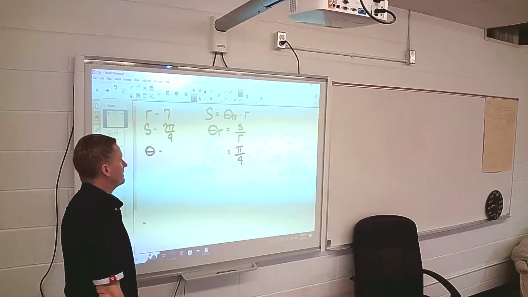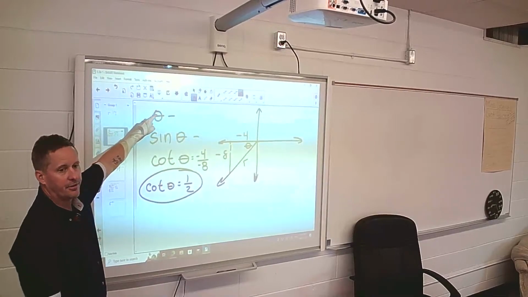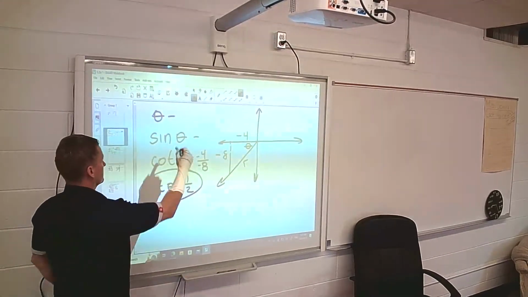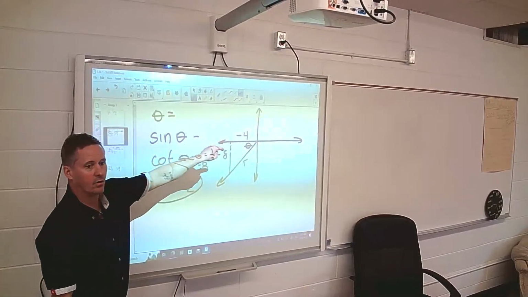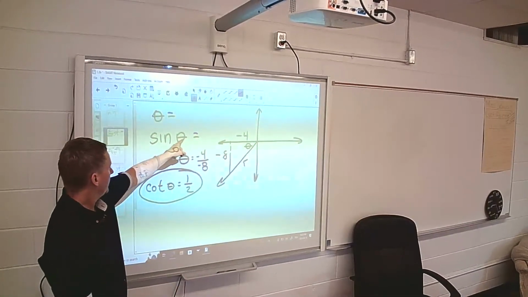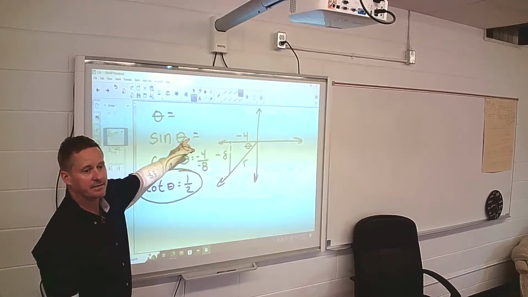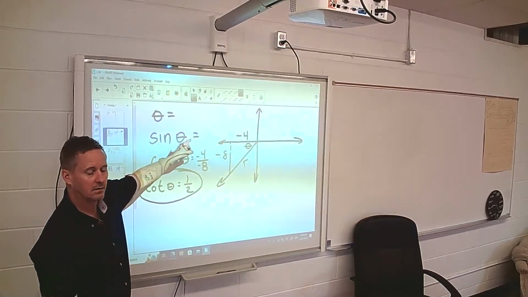Look where I started the day today. Theta equals, that's an angle. Sine theta equals, that's a ratio. Sine of anything, if it's in brackets here, is an angle.